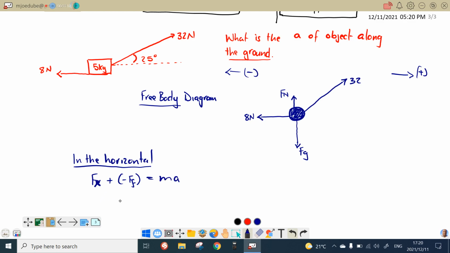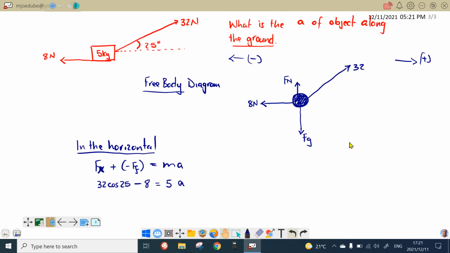Our Fx is a component of that applied force, so it's going to be equal to 32 cos 25 minus the force that's acting against that motion, which is 8 newtons, is equal to the mass, which is 5 kg, multiplied by a, which is what you are looking for.